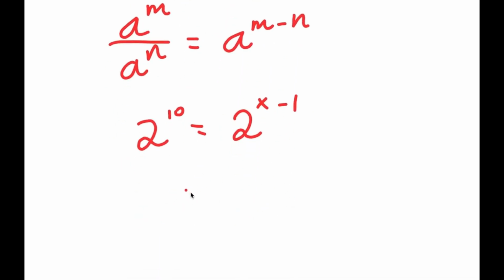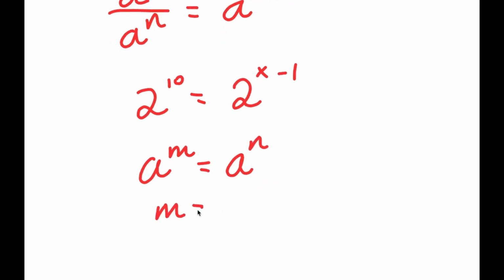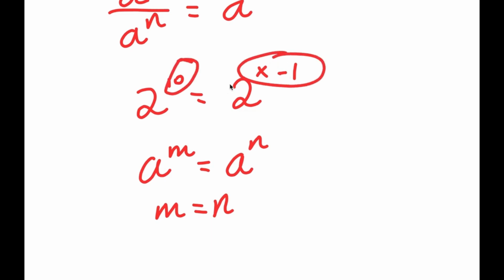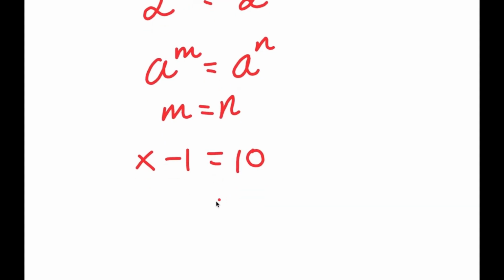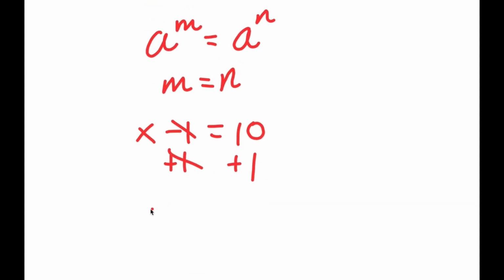And now, again, if I have something in the form a to the power of m is equal to a to the power of n, this means that m is equal to n. So in this case, 10 is equal to x minus 1, or I could write this as x minus 1 is equal to 10. And now if I add 1 on both sides, these two cancel out, and I get x is equal to 10 plus 1, which is 11.